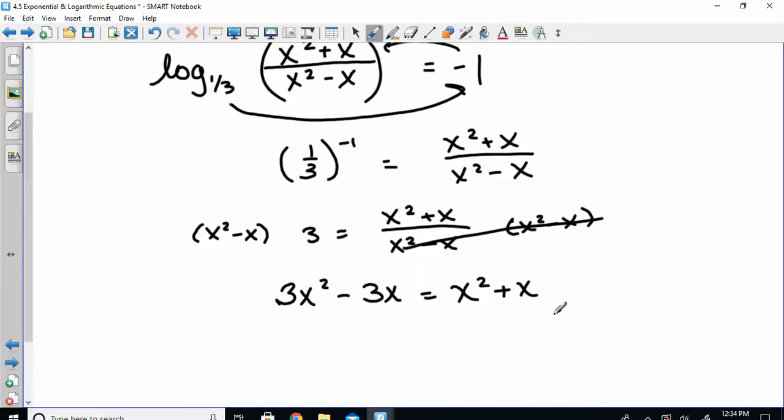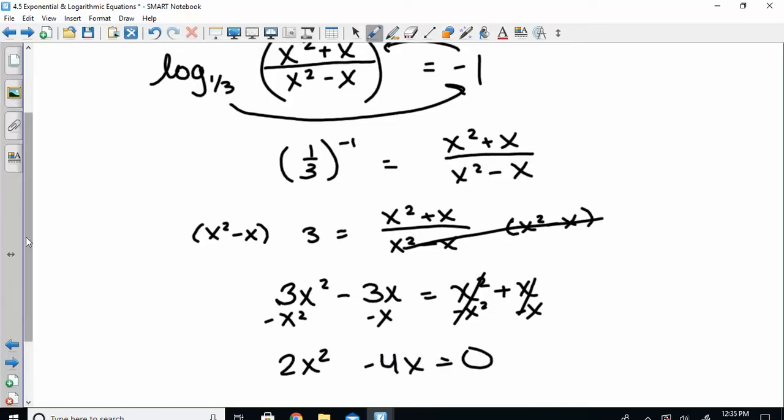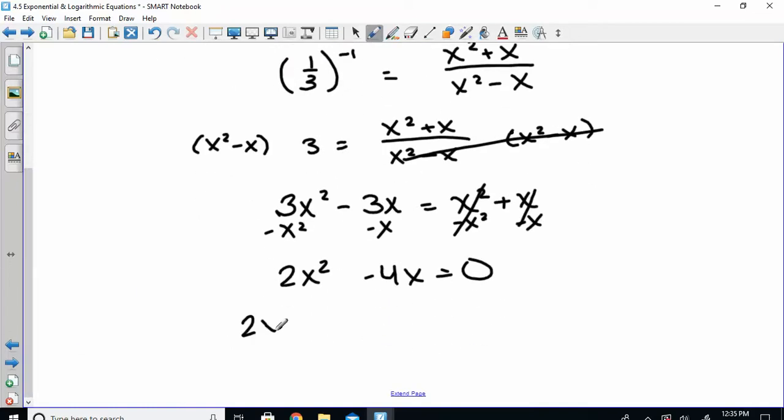And then if we set this equal to 0, we get 2x squared minus 4x equals 0. So we could take out a 2x. So we get x to be 0 and positive 2.